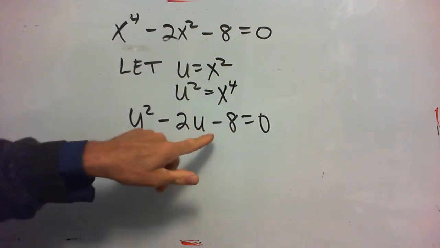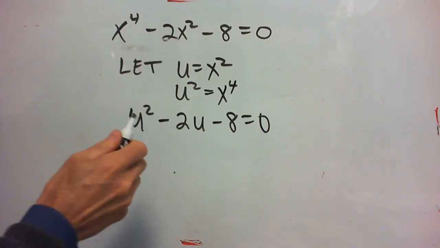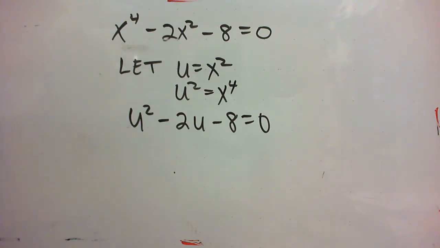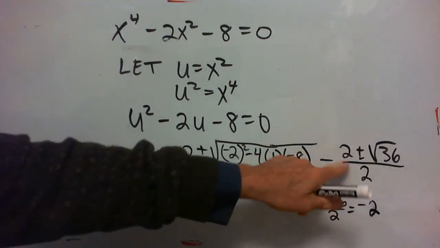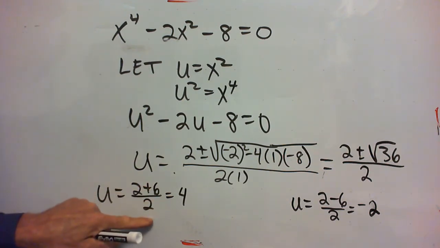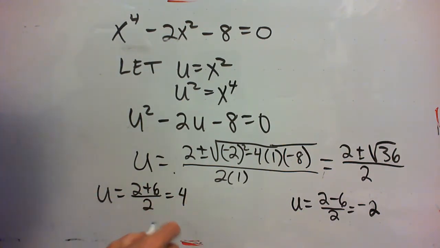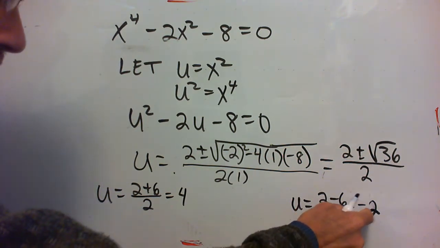Now, if that didn't factor, we could use the quadratic formula to solve for u. Maybe we'll do that just to demonstrate this method. So we plug into the quadratic formula, and we get u equals 2 plus or minus the square root of 36, which is 2 plus 6 over 2, or 8 over 2, 4. And also 2 minus 6 over 2, negative 4 over 2 is negative 2.